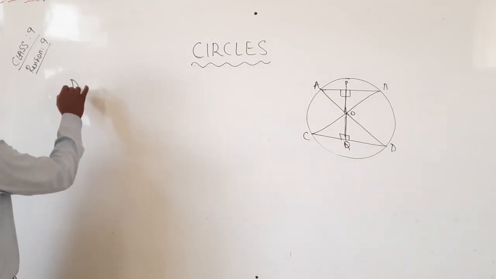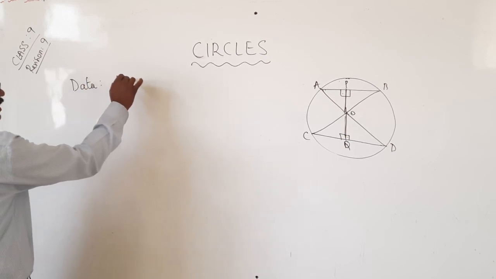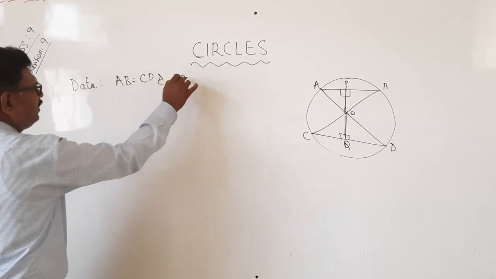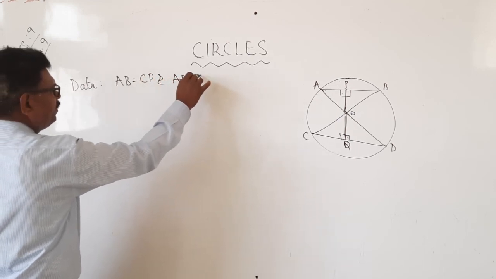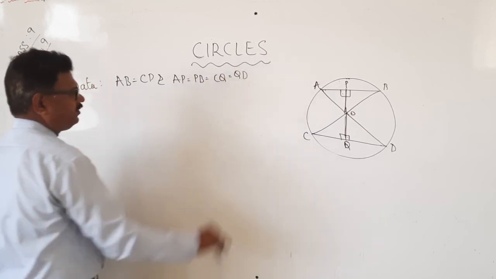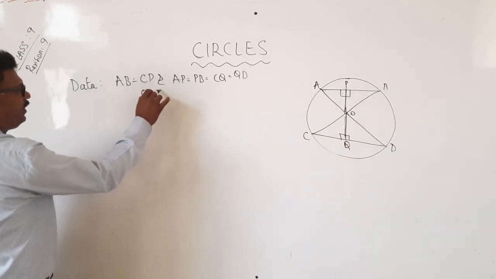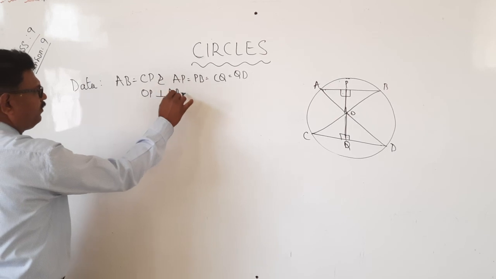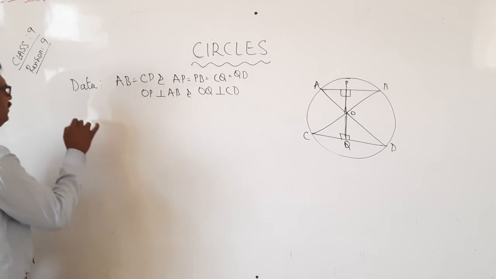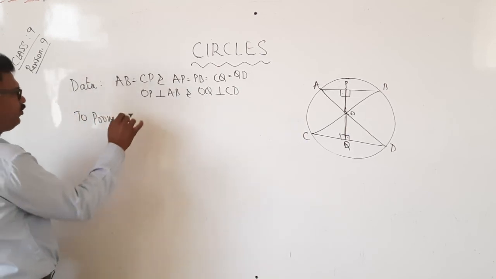Yes. Data: AB equal to CD and AP equal to PB equal to CQ equal to QD, and OP perpendicular to AB and OQ perpendicular to CD. To prove, what we have to do?